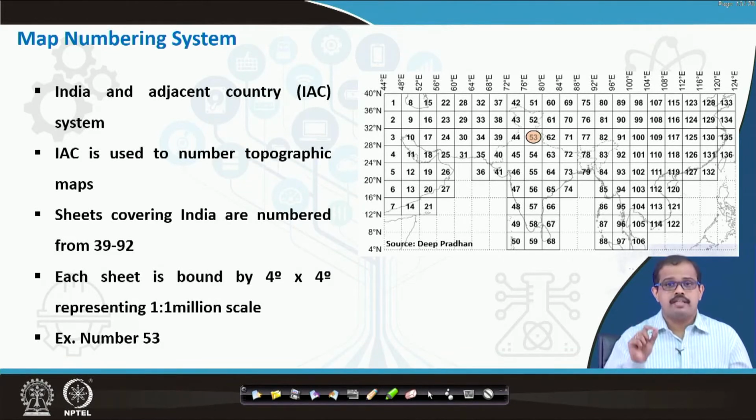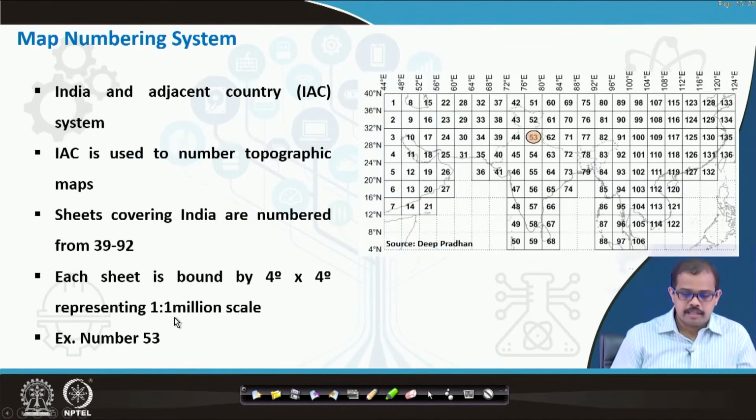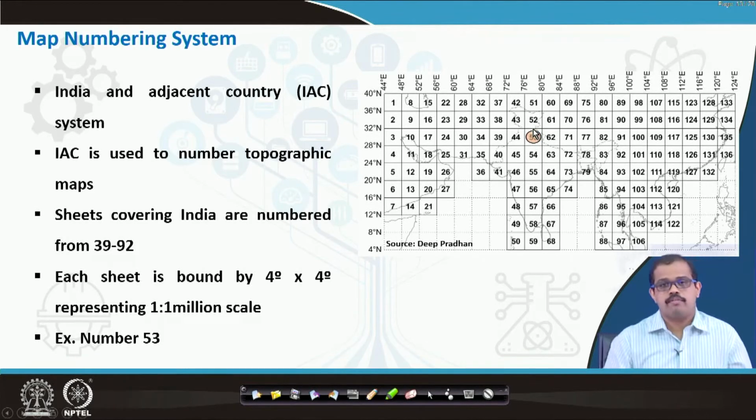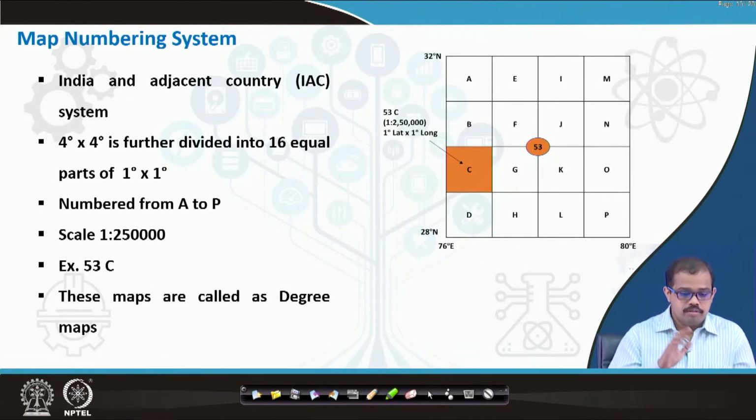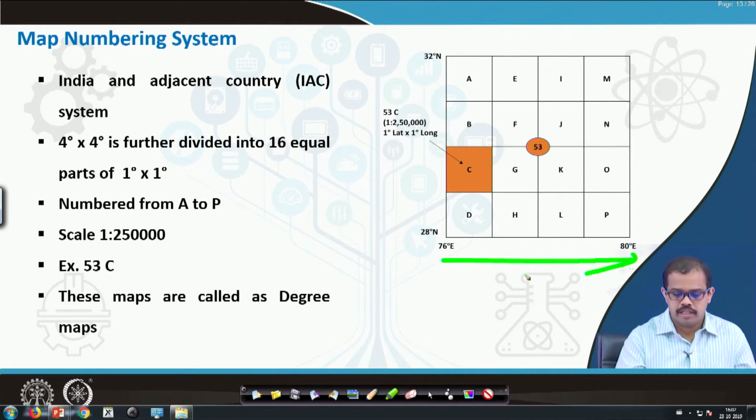So if you want to represent a 1 is to 1 million map, it is represented by a number. For example, the number 53 is representing a 1 is to 1 million map of the earth's surface, that is in Indian context, which is here. Okay, if this is the Indian subcontinent, a 1 is to 1 million map of 53 number is representing that region. Okay, if you look at this particular map, this 1 is to 1 million map is 4 degree by 4 degree map, which means to say that this is 4 degree by 4 degree.